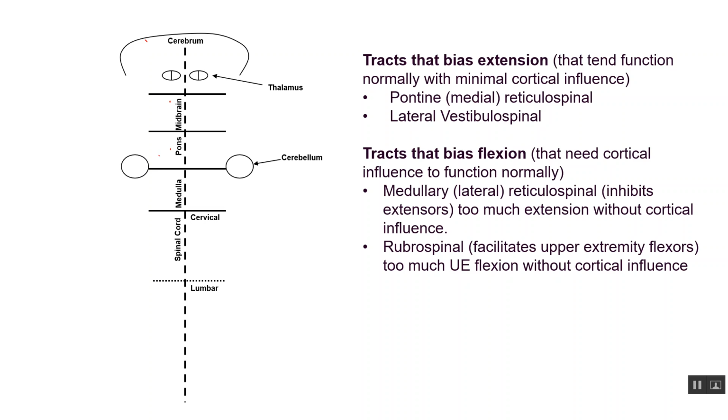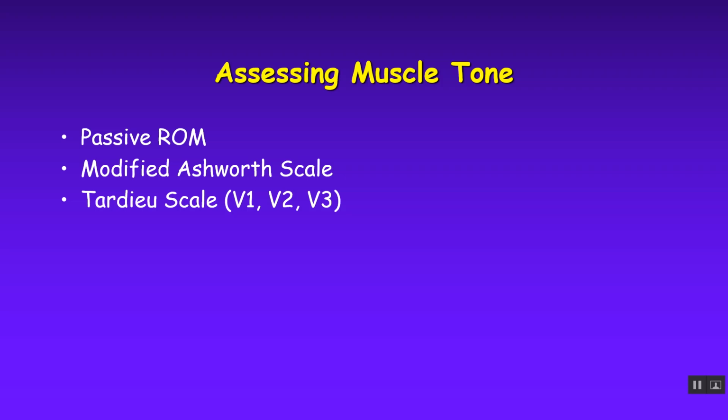And so they have a hard time bending their leg, and they have a hard time extending their arm when you've got a stroke because of this bias of these lower centers, the influence they have over your motor system. Okay? All right. Any questions on that?